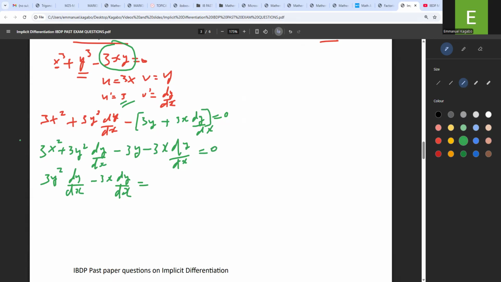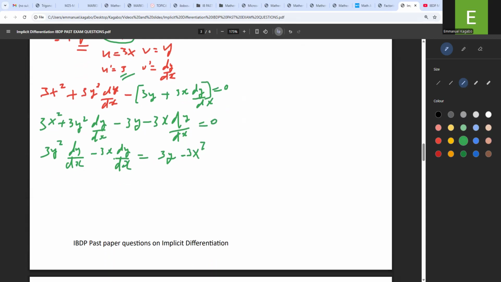Now, the rest I take to the other side. This was minus, so it will be positive 3y, and the sign is going to change for the 3x squared. Is that okay, guys?